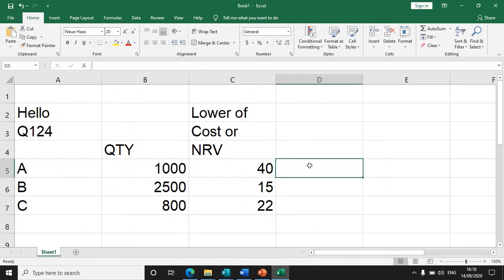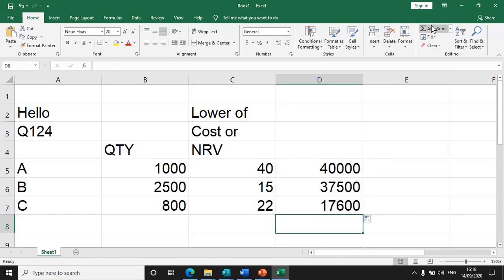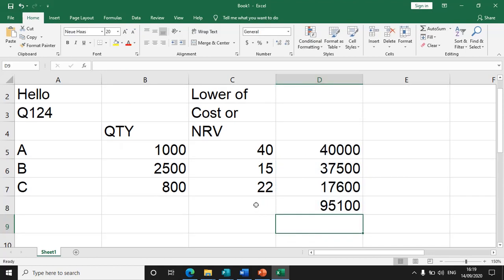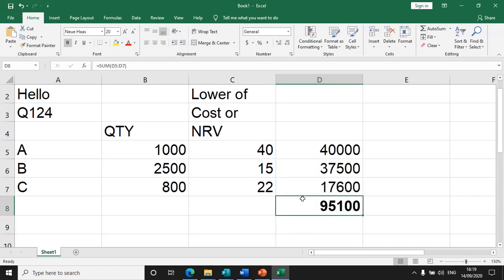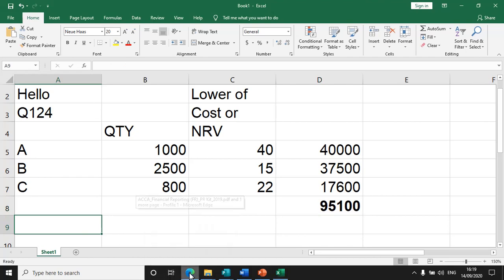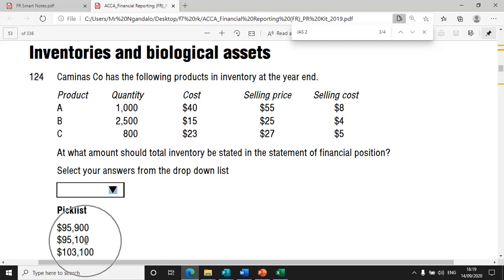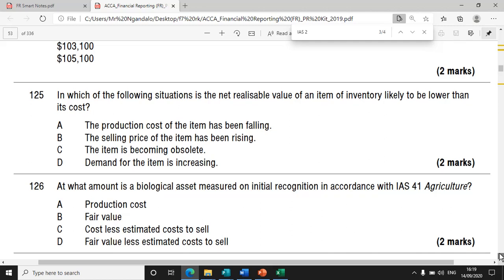So after we have done that, what we need to do now is to multiply, find the product, and duplicate the formula as needed so that you can have those figures there. And sum up, I think you can see that figure there. 95,100 is the value of this inventory, following the rules. So I think you can see that option there, and of course that's supposed to be the option you should have picked. Let us go down.